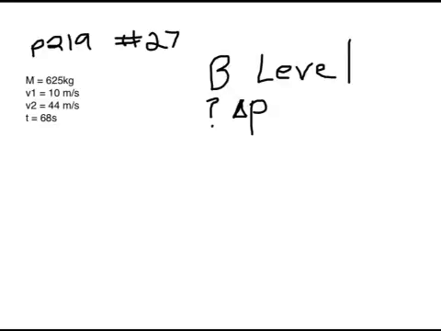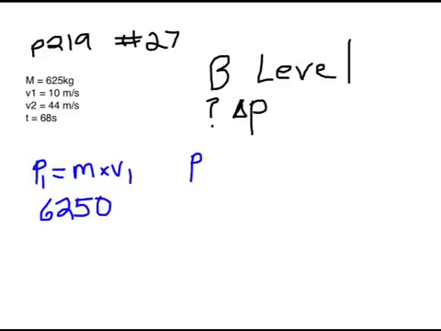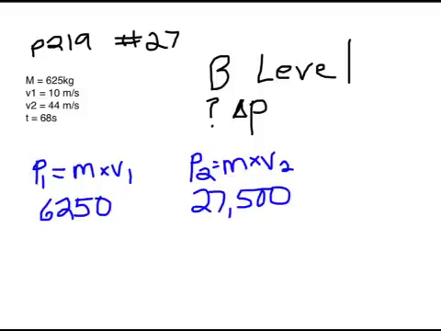And we would do that by solving for the two separate momentums. P1 would be equal to mass times V1, and that answer is 6,250 when we multiply 625 times 10. P2 would be M times V2. That is 27,500.